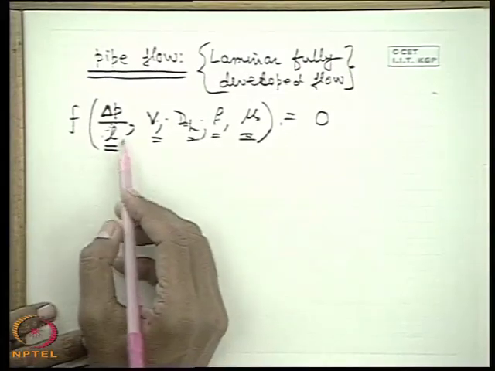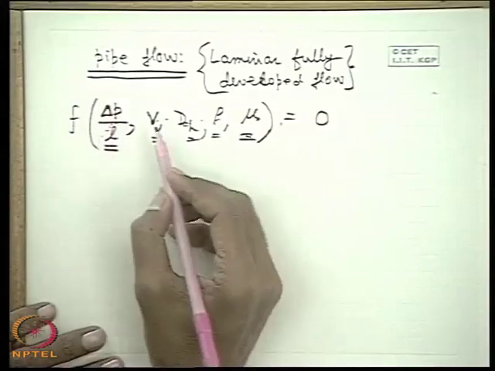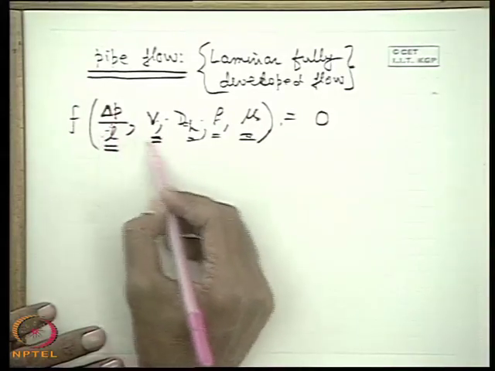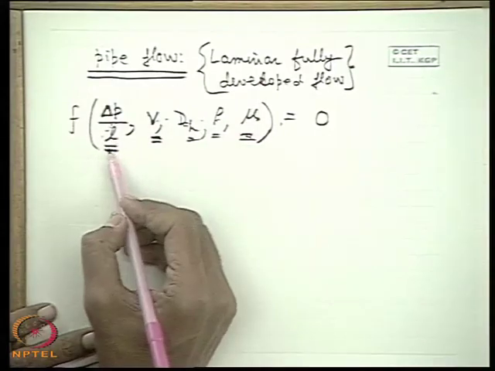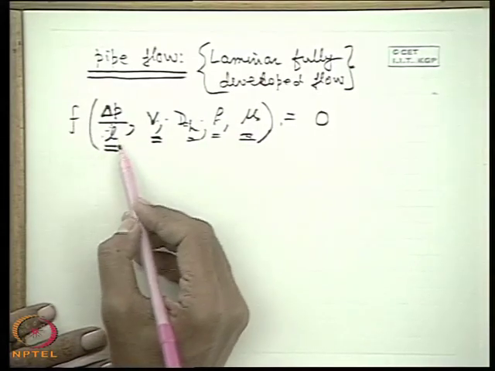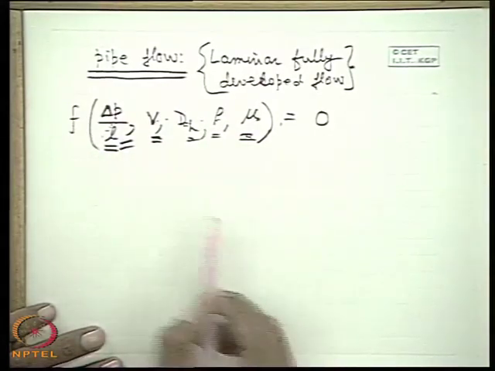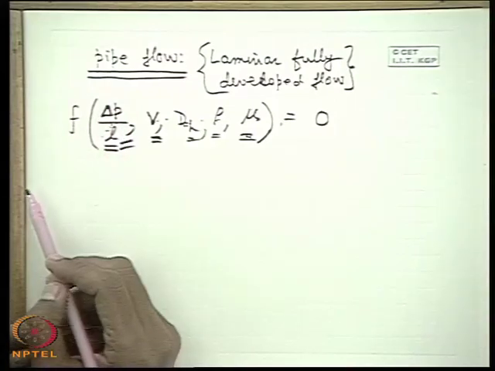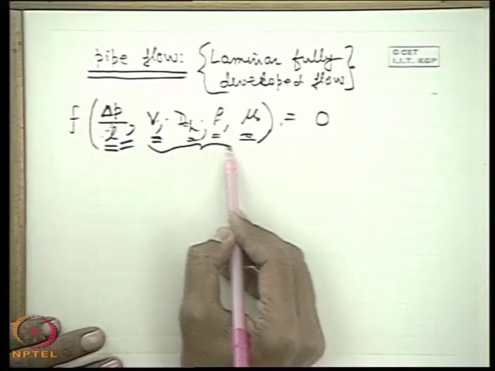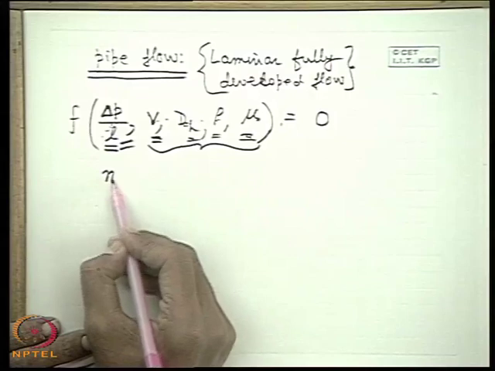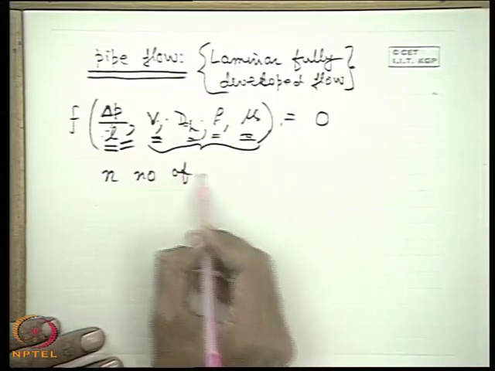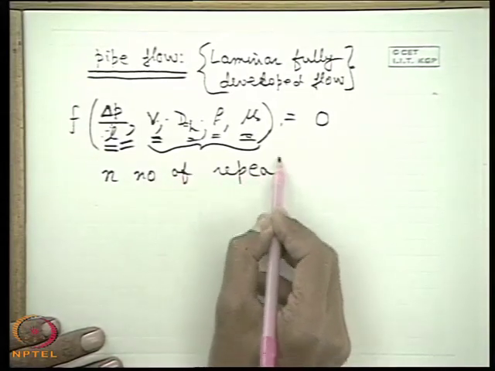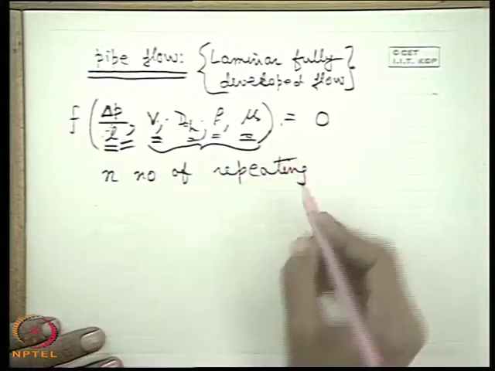The principle is like this: first recognize which one is the output parameter, that is pressure drop per unit length. This is the parameter to be predicted. Out of the input parameters, you choose n number of repeating variables. What is meant by repeating variable will be clear in the next step.